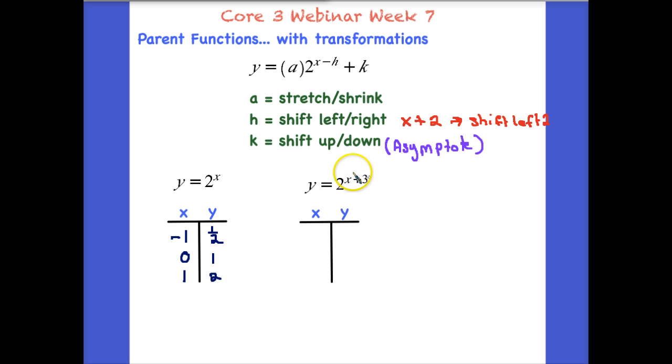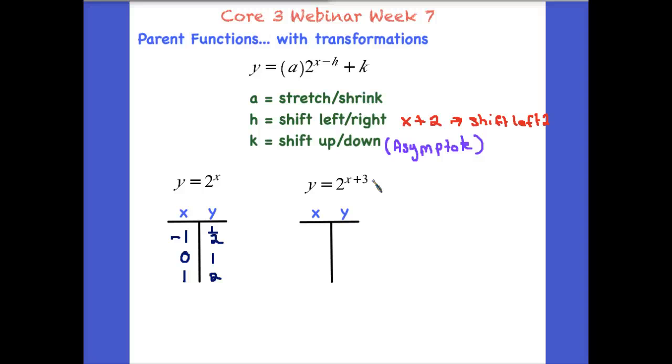Now think about what we did here. Actually, you guys tell me, what is this plus 3 on the end? What kind of transformation is that? So type that in your notepad. What does the x plus 3 do to 2 to the x? What kind of transformation? Okay, good.